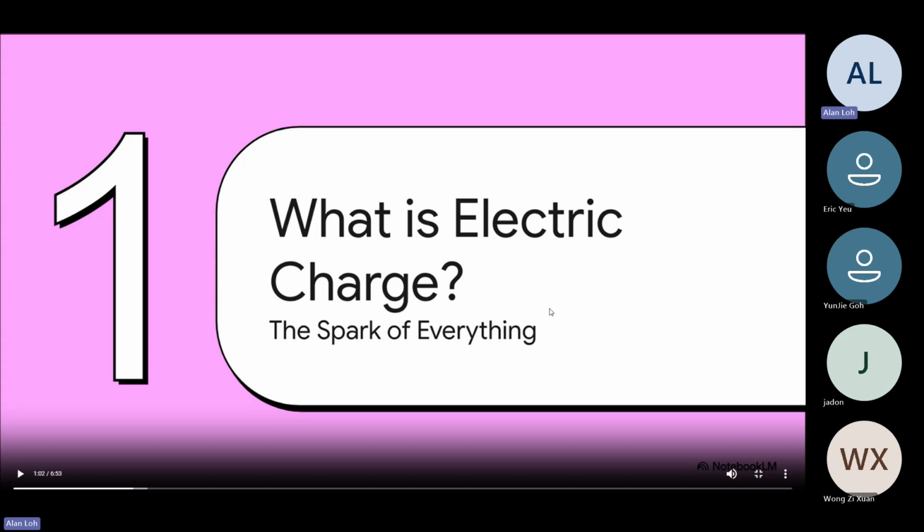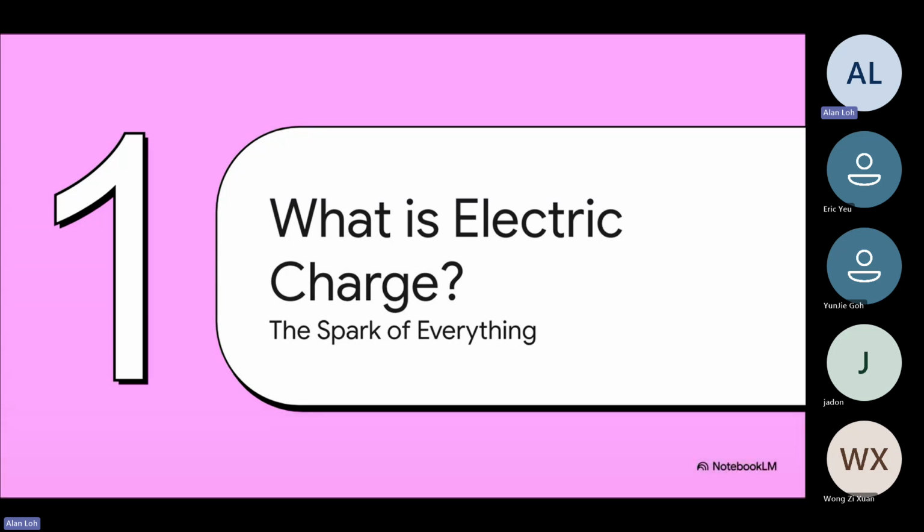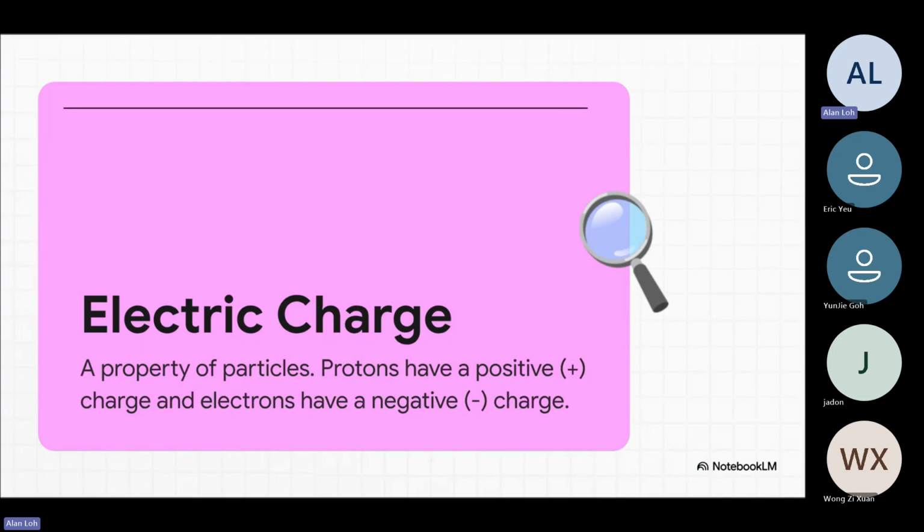Okay. Electric charge. This is really ground zero. It's the fundamental property that kicks off every single thing we think of as electric, from a tiny spark of static to a massive bolt of lightning. Okay, so everything, you, me, the air we're breathing, is made of atoms. And inside those atoms are even smaller bits and pieces. For us, the ones that matter are protons, which have a positive charge, and electrons, which have a negative charge.